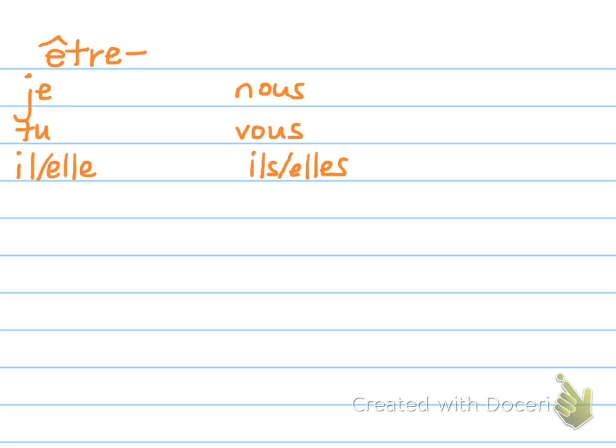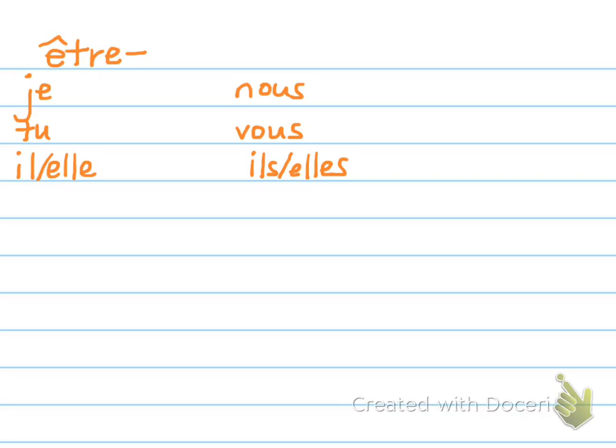I want to start with just kind of reviewing what we talked about yesterday. We talked about subject pronouns and our first verb, which is être. Remember, we have our subject pronouns already written here. Je means I. Tu means you. It's the familiar you. Il means he or it.